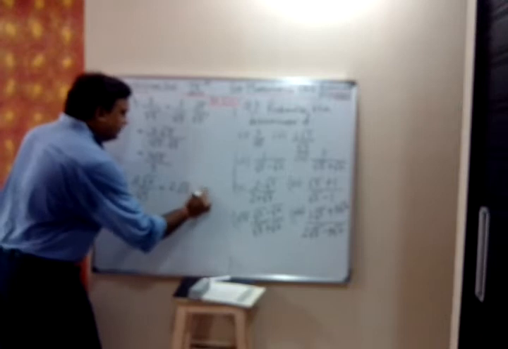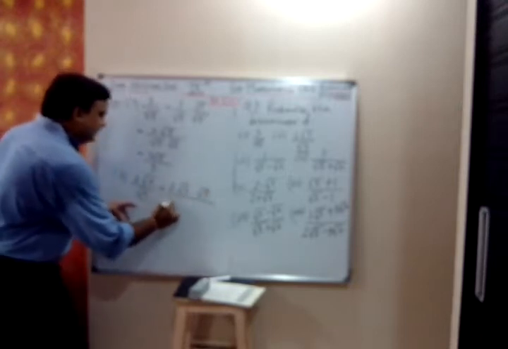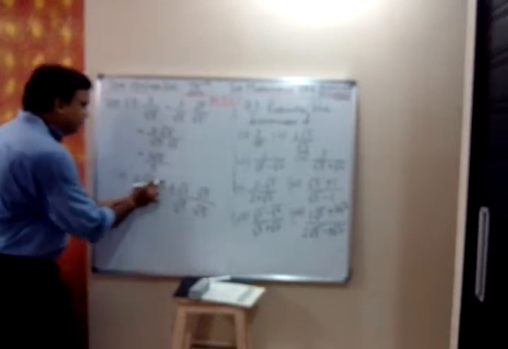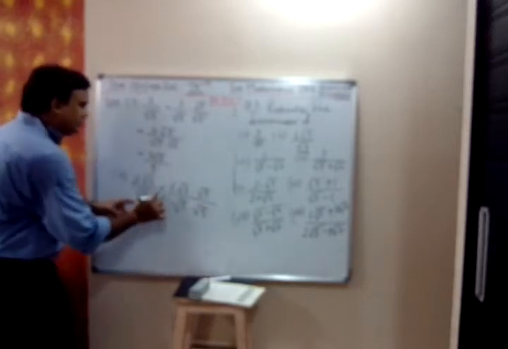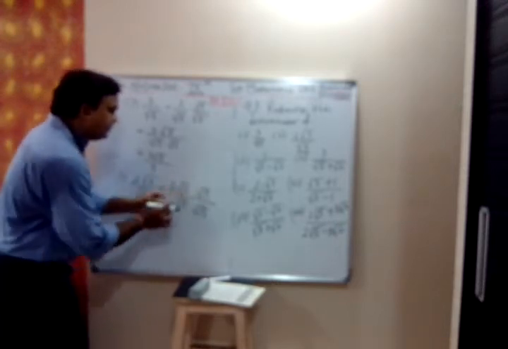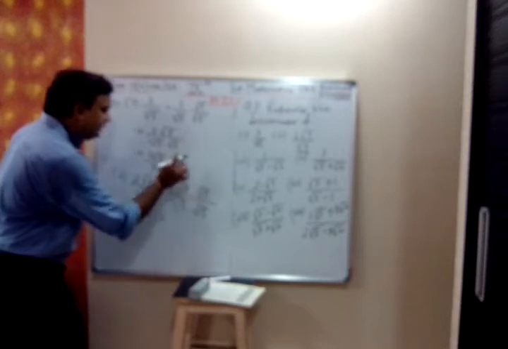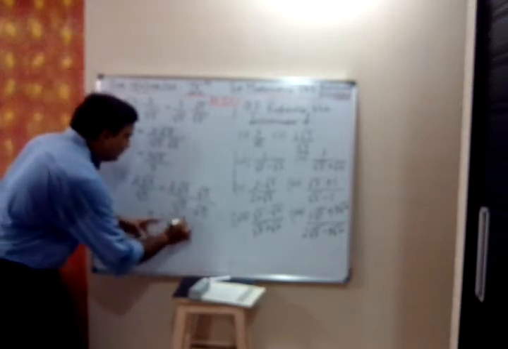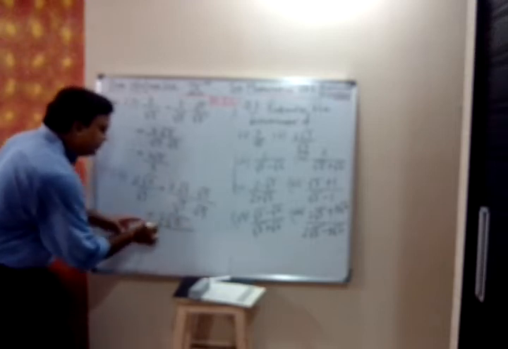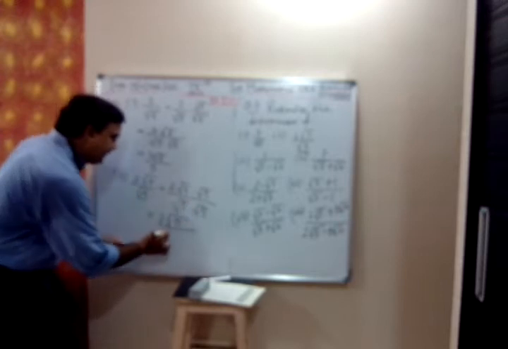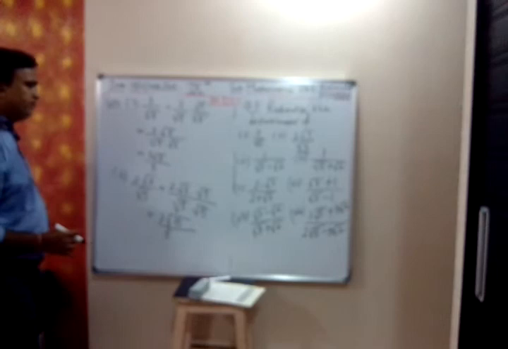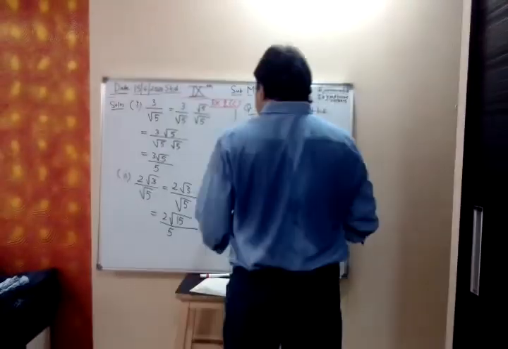We multiply the numerator by root 5, then we multiply the denominator by root 5. So 2 into root 3 into root 5. Whenever there is a root, I can multiply, taking root common, square root of 3 into 5, 15. So 2 root 15 upon root 5 into root 5, which is 5. Now there is no root in the denominator, and this is the answer: 2 root 15 upon 5.